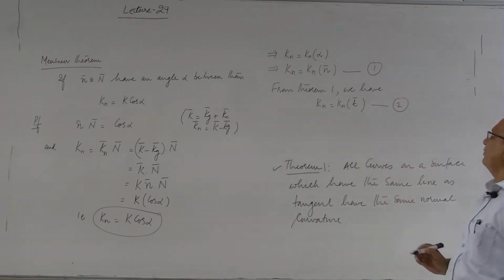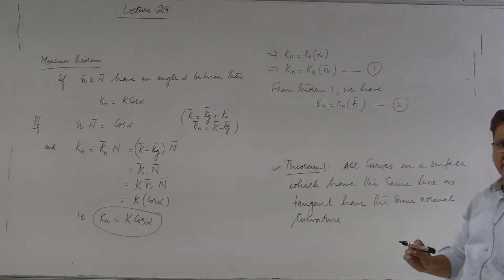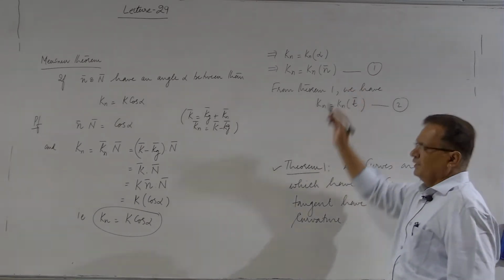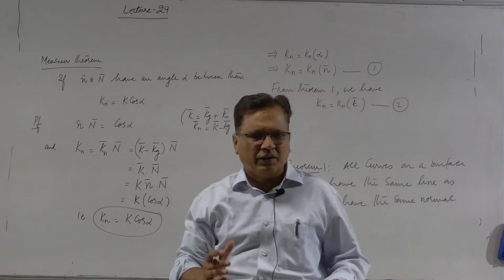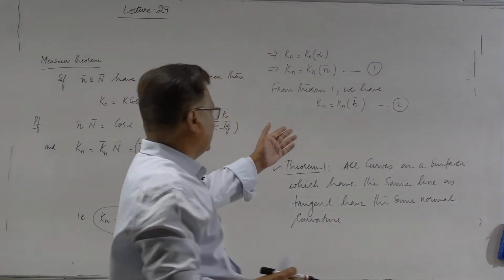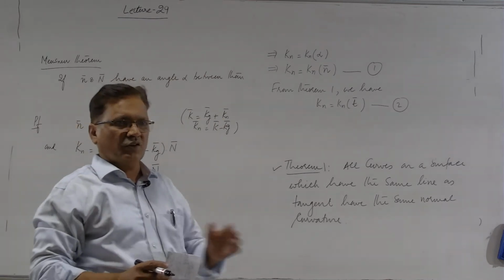Now, if I combine the two observations, what will you say? Because small t and small n generate the osculating plane, if I combine 1 and 2, I will say that Kn depends on the osculating plane.